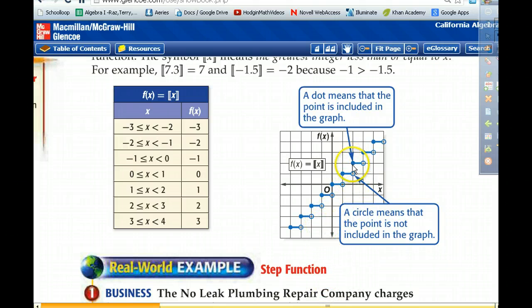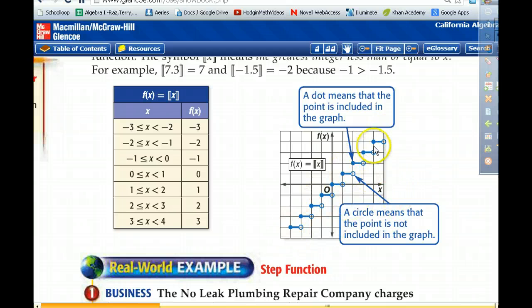Another reason we need one closed and one open is because we need to keep this a function. If these were both closed, then x would be repeating, and we would not have a function anymore. Remember, if the x's repeat, no, it's not a function. So we need one open and one closed, so it continues to be an actual function.